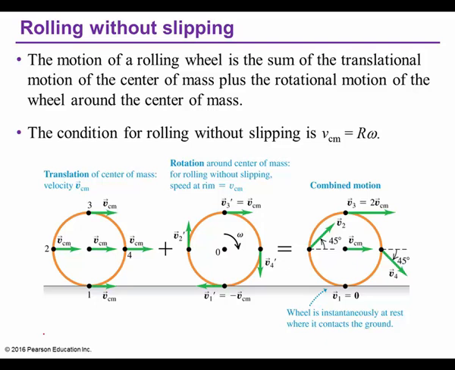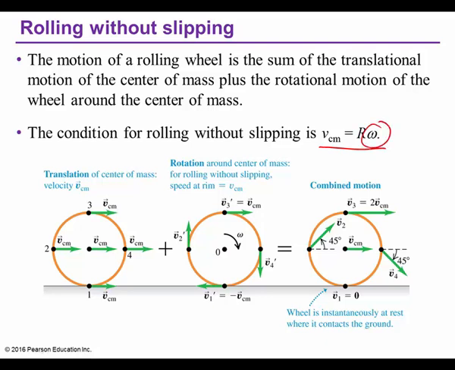Now what about rolling without slipping? Again, it's very important we understand that in order to have effective translational motion, you don't want it to slip. You don't want it to spin out. You want it to get traction. And as long as we have good traction, then we can simply find the velocity of the center of mass by taking the radius of the wheel and multiplying it by the angular velocity.